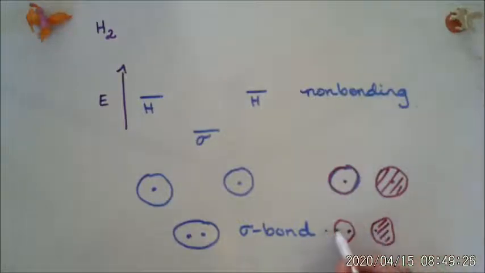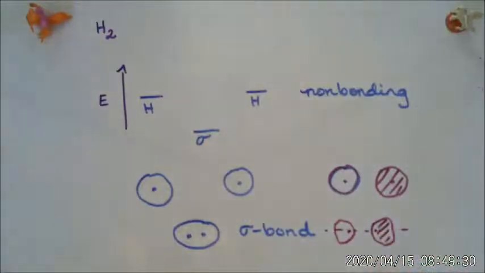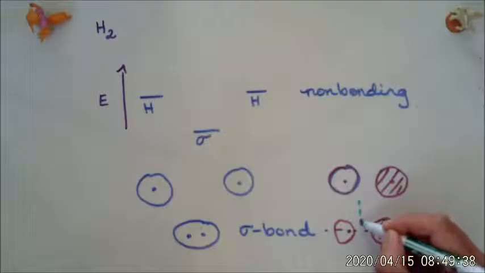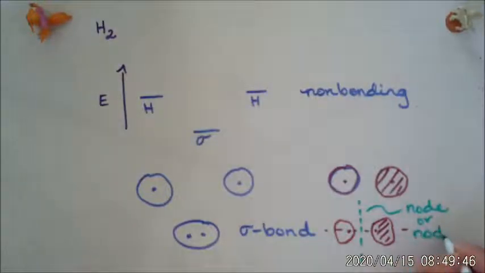And you get here what we call a node. Node, or you might hear, or nodal plane. Okay, and what this means is there's no electron density.